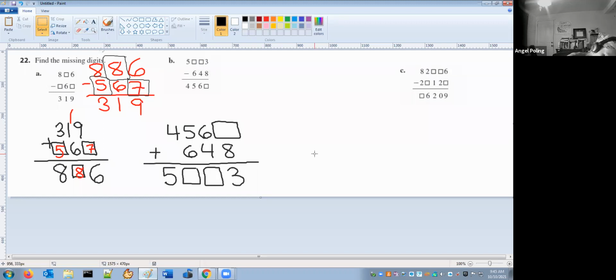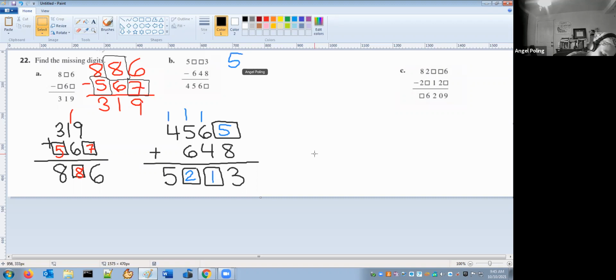So we have 5 here and we have to carry the 1. 6 plus 4 is 10, plus 1 is 11, right? 5 plus 6 is 11, plus 1 is 12. Carry the 1, we get our 5. So reverse it back so that you write it in the correct way.